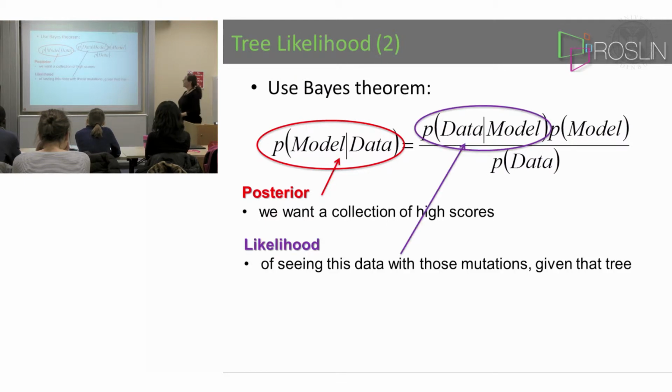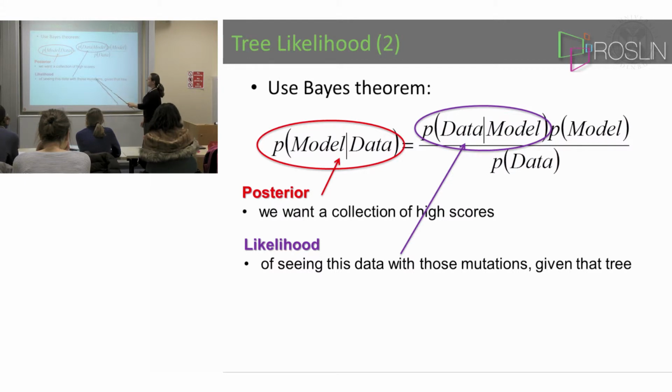What we can calculate, though, is this quantity, the probability of the data given the model, the probability of the sequences given the tree, which is called the likelihood. This is the probability of seeing these sequences with those particular mutations given a specific tree.